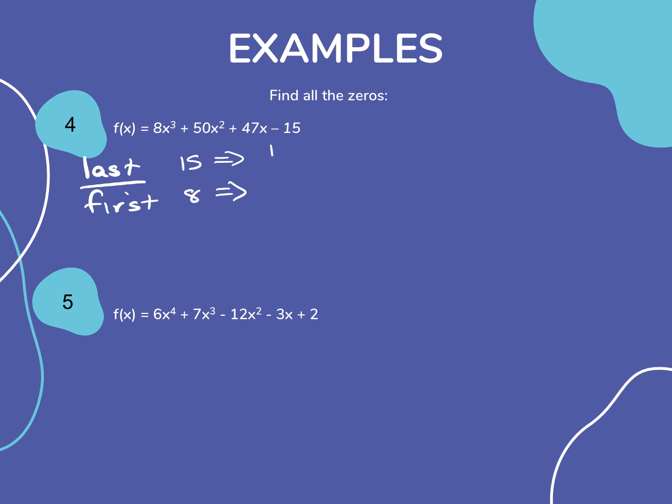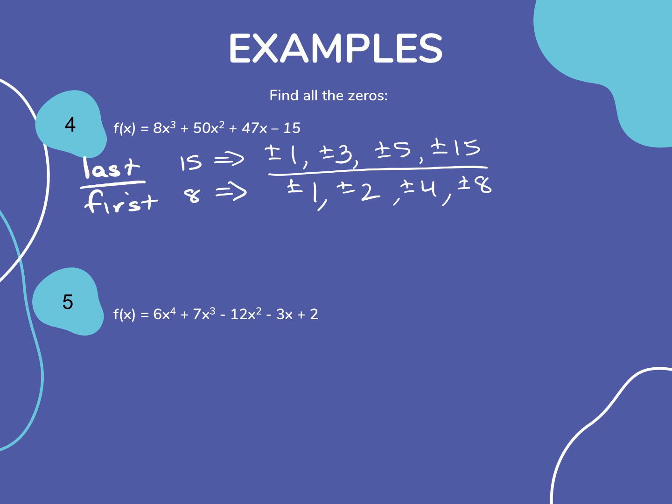So I could do plus and minus 1 times 15, plus and minus 3 times 5. And these are my factors of 15. Then my factors of 8 will be 1 times 8 and 2 times 4. So plus and minus 2, 4, and 8.